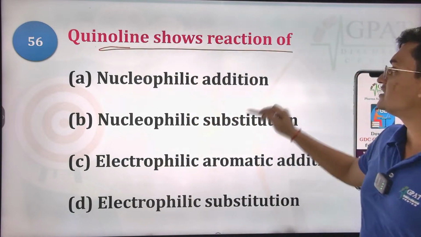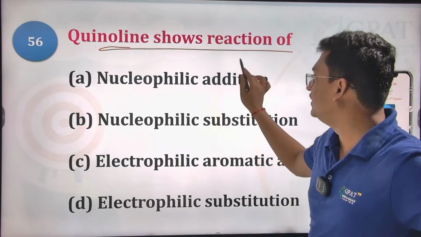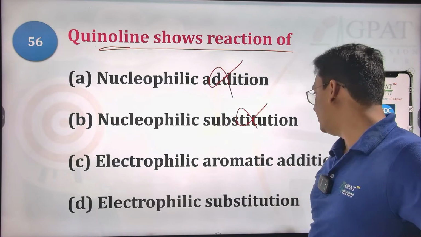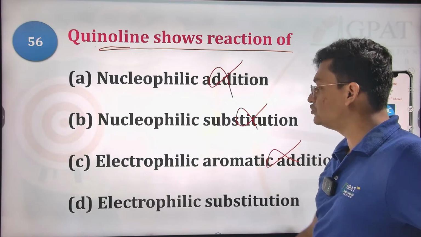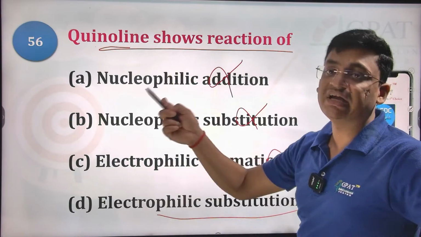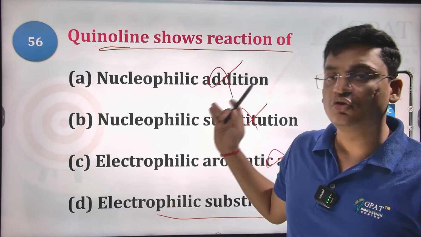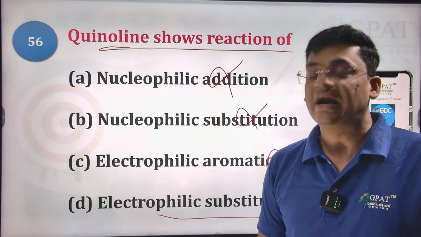Quinoline shows the reaction, like quinoline will be having nucleophilic addition reactions, nucleophilic substitution reactions, electrophilic addition reactions, electrophilic substitution reactions. All right, so quinoline is an aromatic compound, and an aromatic compound shows substitution kind of reaction, so there is no possibility for the addition reactions.